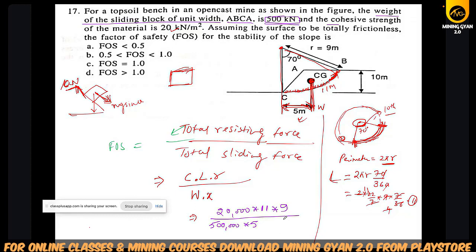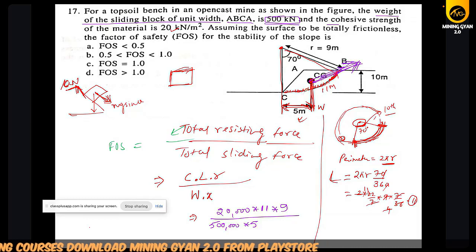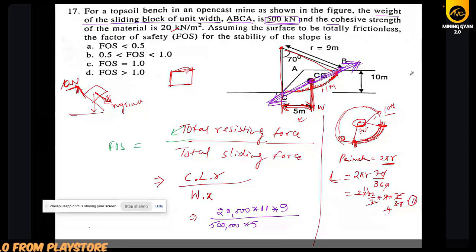So what we had discussed here, factor of safety is the total resisting forces, or restoring moment, meaning what keeps this from sliding, who will stop this block from falling down, divided by the sliding force. So the restoring or resistive force will be the cohesive force, which is applying on this arc.